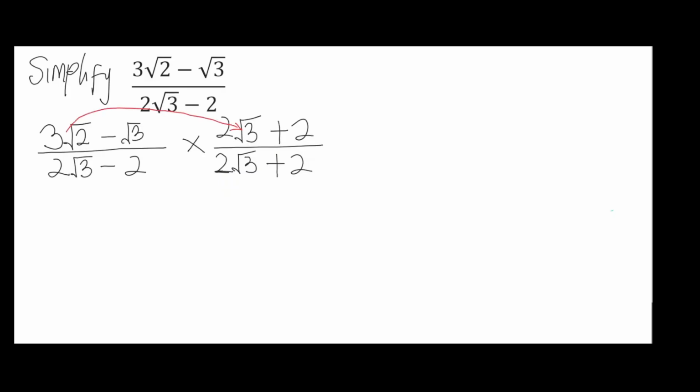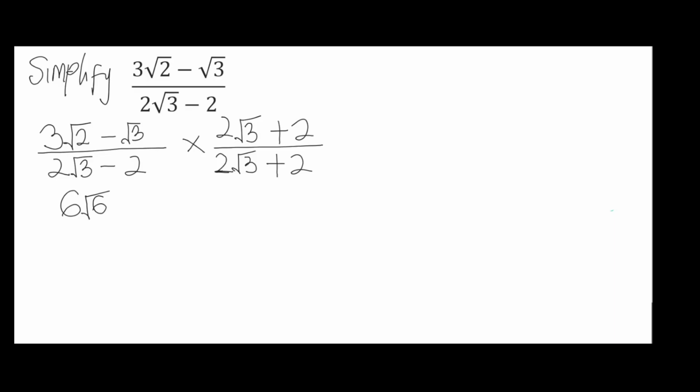We know that the 3 here is going to multiply the 2 here to give us 6. Then root 2 and root 3 will multiply to give us root 6. So we have 6 root 6.